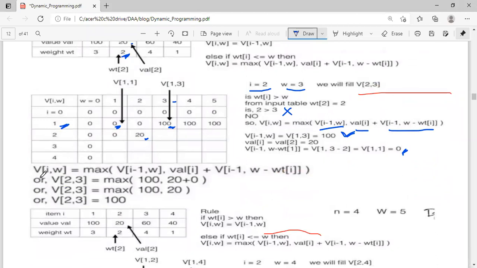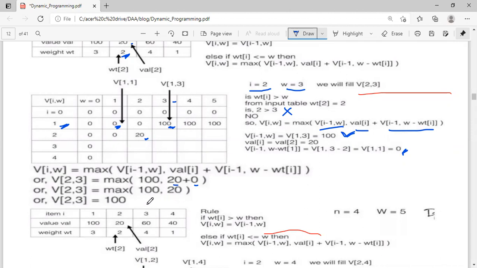Next is V of I comma W. This is the formula we need to implement. What is I? 2. What is W? 3. It is equal to the maximum of the values we got here: 100 comma 20 plus 0. So we got 100 comma 20.